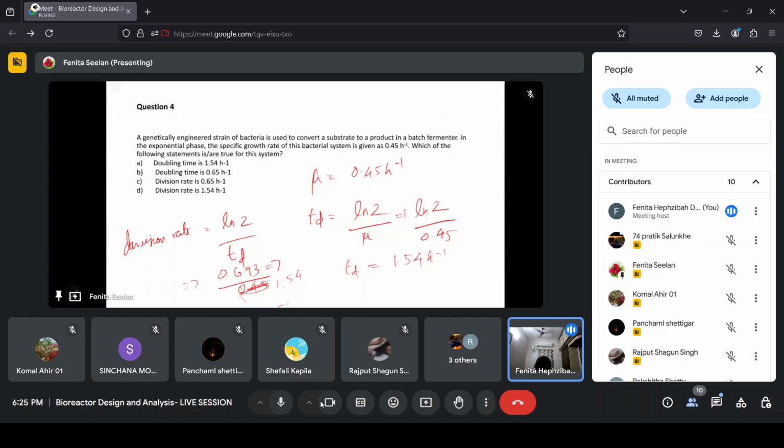which would give you... Should be log 2.